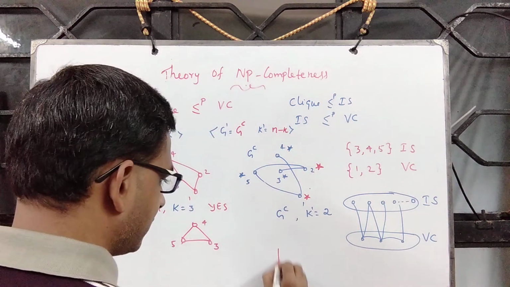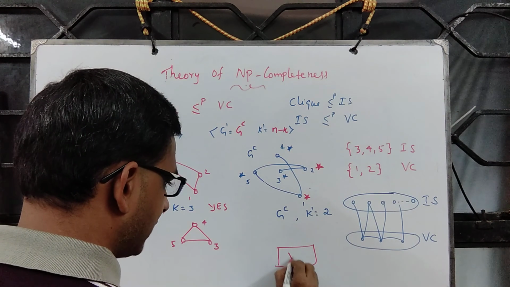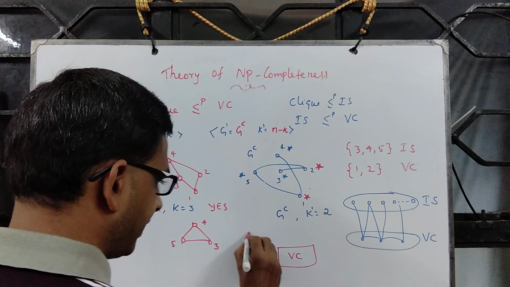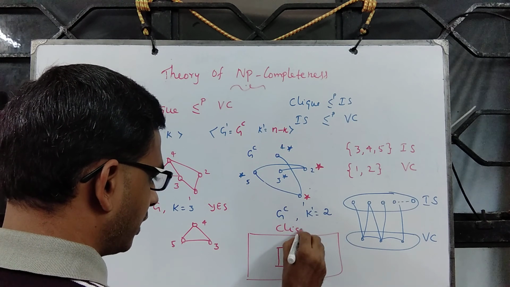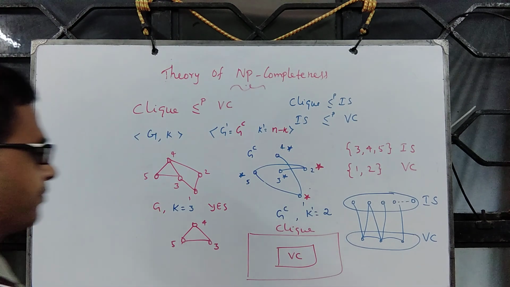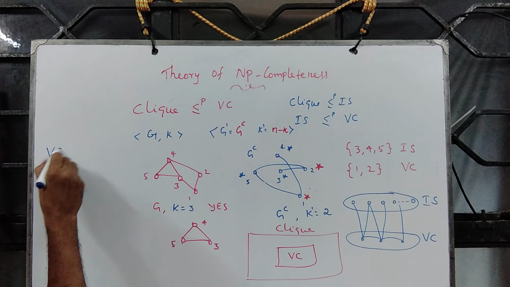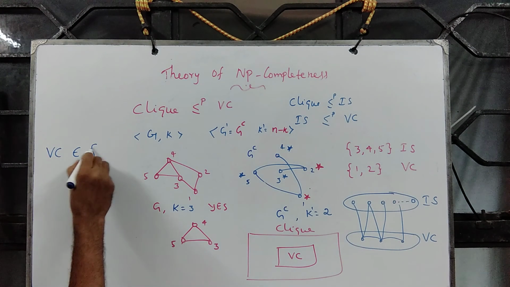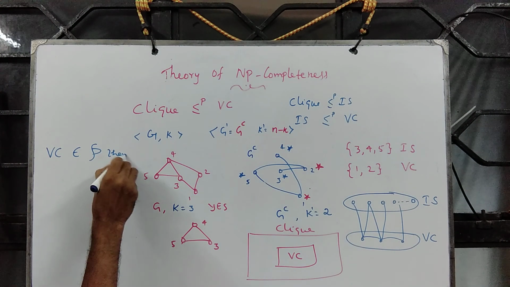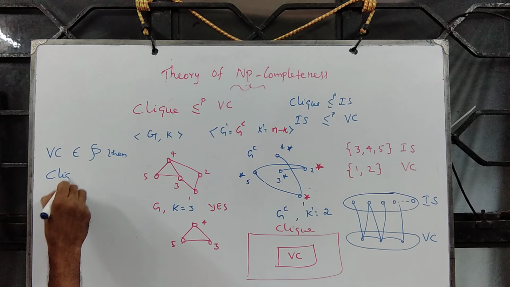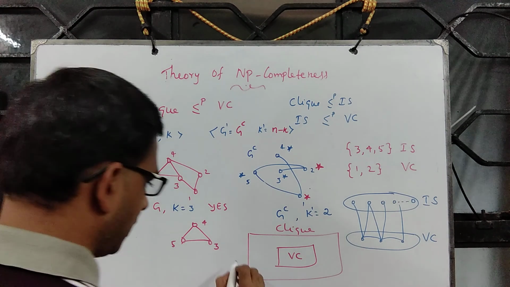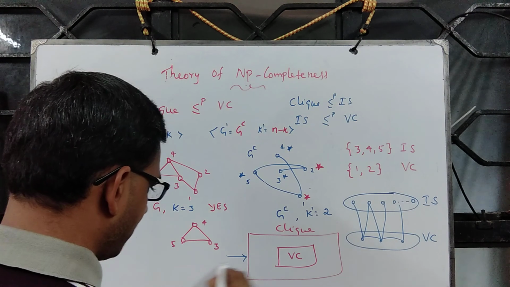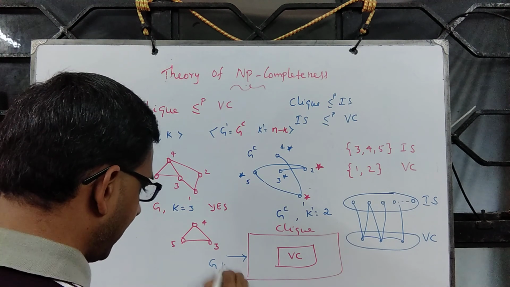As always, if vertex cover is solvable efficiently, we can use that as a black box to solve the clique problem. Meaning, if VC belongs to class P, then clique belongs to class P. That's the consequence of this. So you want to solve the clique problem for which you pass G comma k.